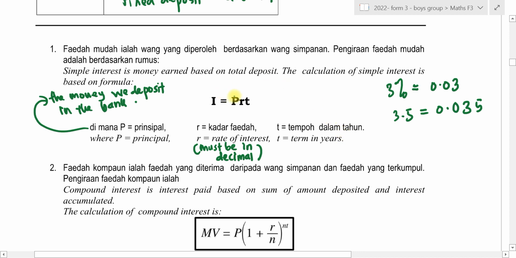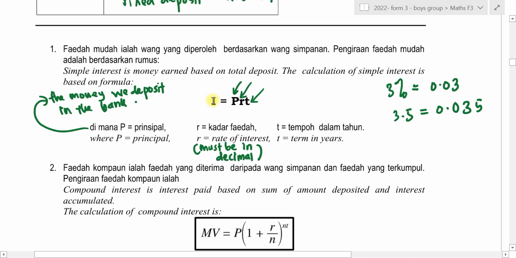Okay, so basically the money you deposit, you calculate with the interest rate, which must be expressed in decimal, and also how much time, how long you keep the money, 1 year, 2 years, 3 years, like that. Okay, normally simple interest is within 1 year.